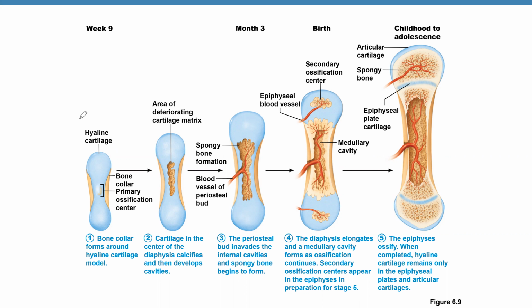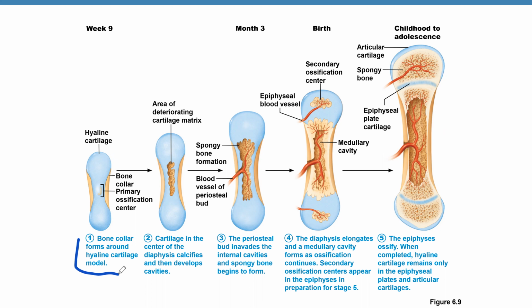Here, mesenchymal cells first differentiate into chondrocytes, so into cartilage, and we form a precursor, a model of a bone that's made of cartilage, right? Then we need to replace this cartilage with bone. That's gonna be our goal, and that's gonna be our endochondral ossification.